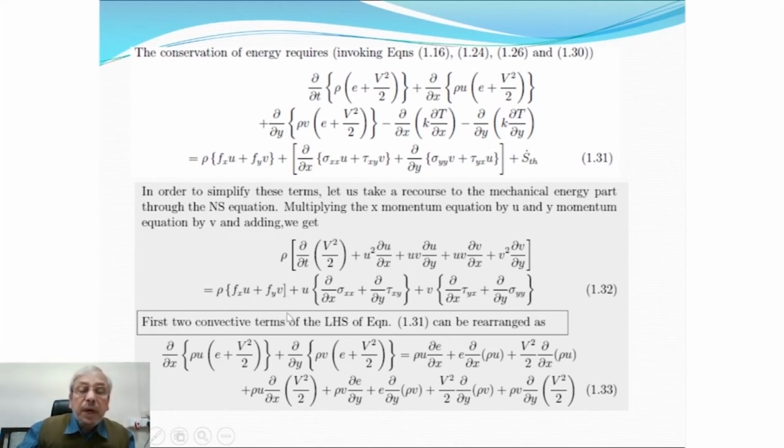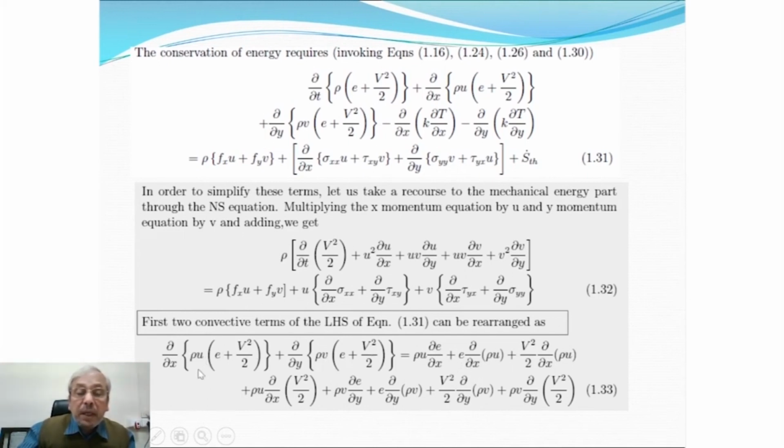So what we have done first is take these two convective terms, ∂/∂x of ρu(e + V²/2) and ∂/∂y of ρv(e + V²/2). We have taken up these two terms and then simplified term by term.